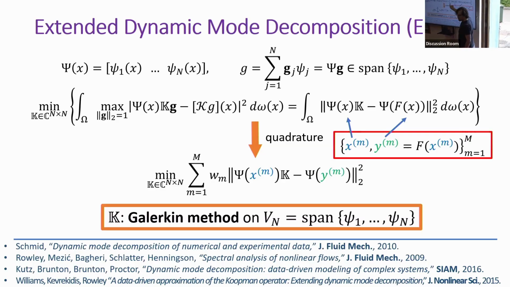Because you don't have access to this integral directly, you approximate it using quadrature, and this leads you to a weighted least squares problem, which equivalently gives you the EDMD matrix. So this is just another viewpoint of this Galerkin method, which is a bit easier to generalize to restrictions.